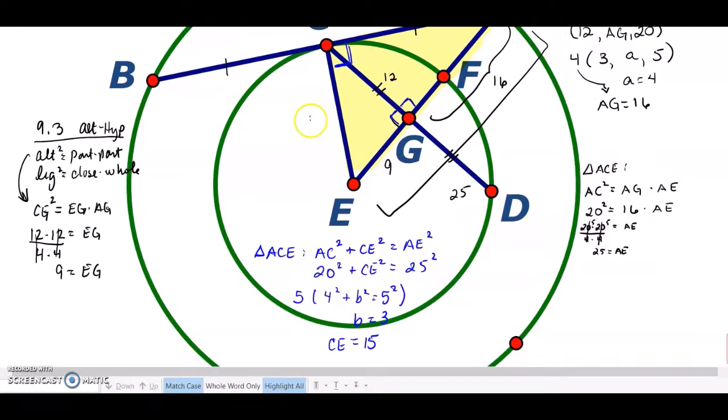So now, if CE is 15, all radii of the same circle are congruent, so CE has to be congruent to FE. FE must be 15 as well.